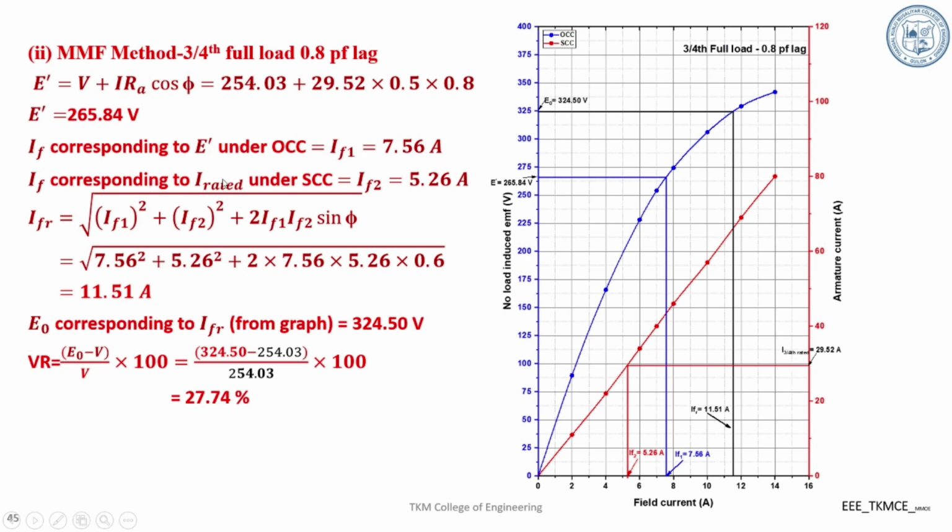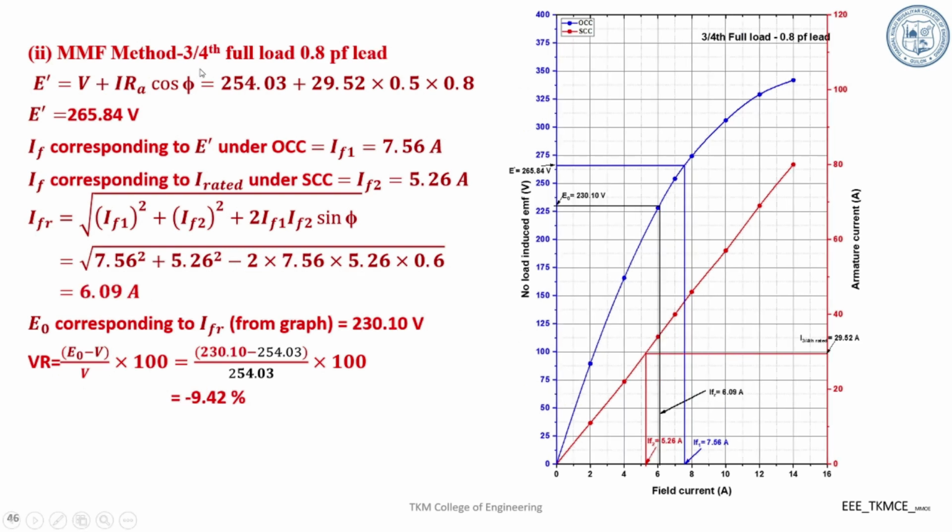The field current corresponding to I rated, that is 29.52 ampere, under short circuit test, that is IF2, is obtained as 5.26 ampere. Then the resultant field current using this expression is obtained as 11.51 ampere and the corresponding E0 is 324.50 volt. Substituting E0 and V in this expression, voltage regulation is obtained as 27.74%.